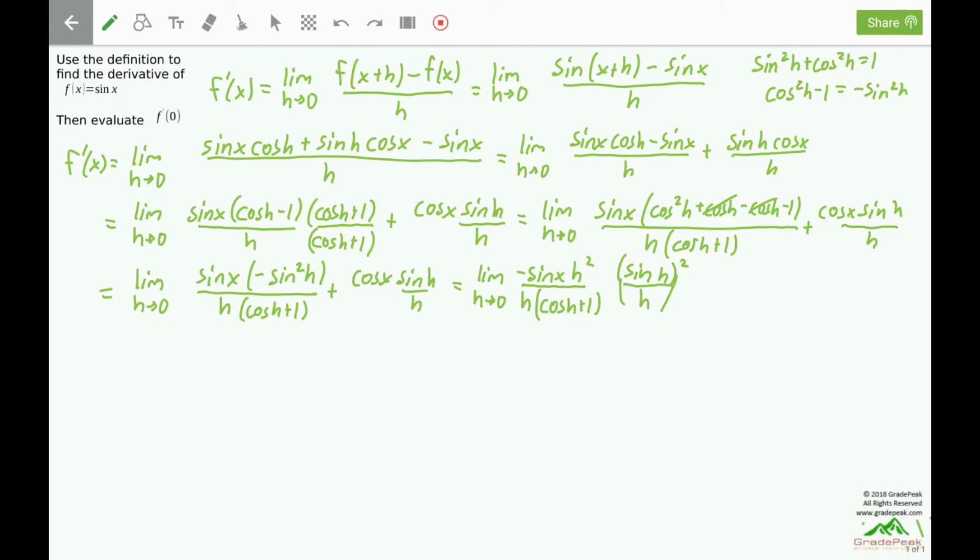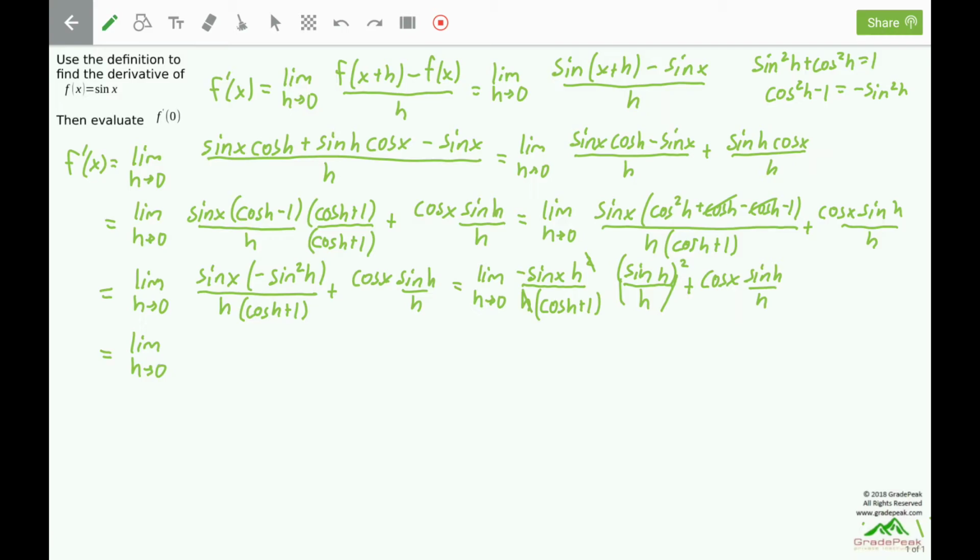What we did was phase match it, so we have the perfect identity that will be a limit of 1. We still have the second fraction, which will be cosine of x times the sine of h over h. In this first fraction, one of the h's cancels, so we will cancel those out. Now let's just write what we have left over.